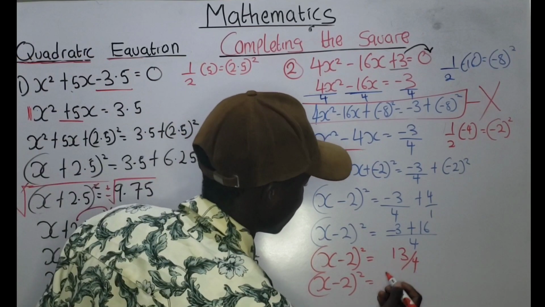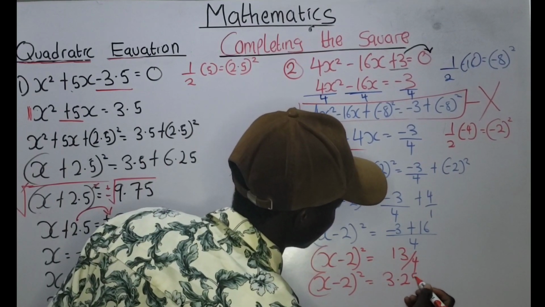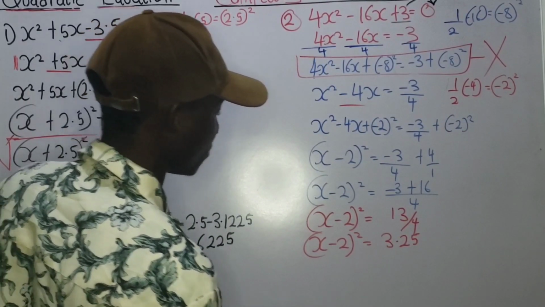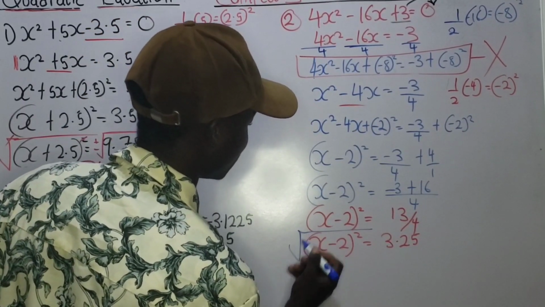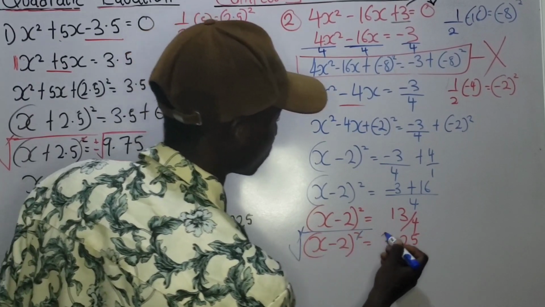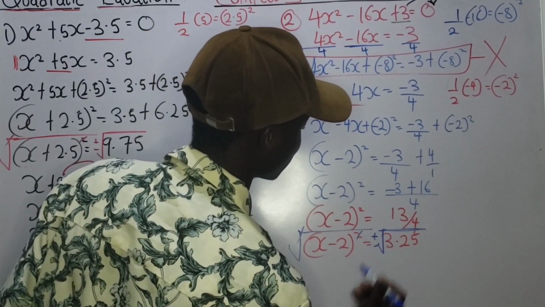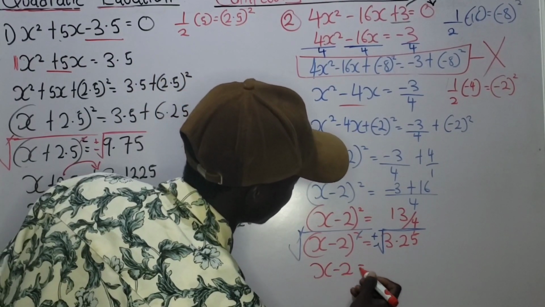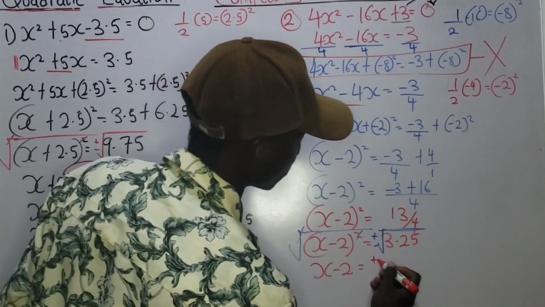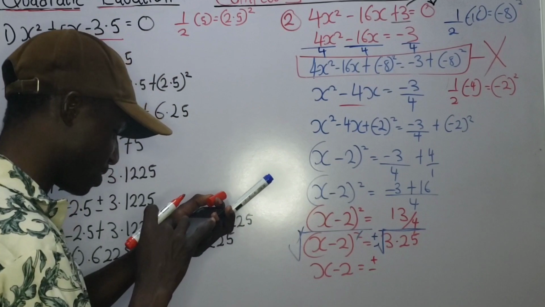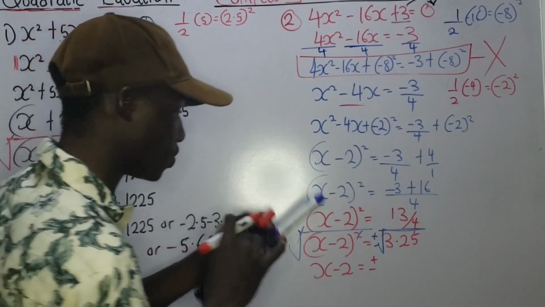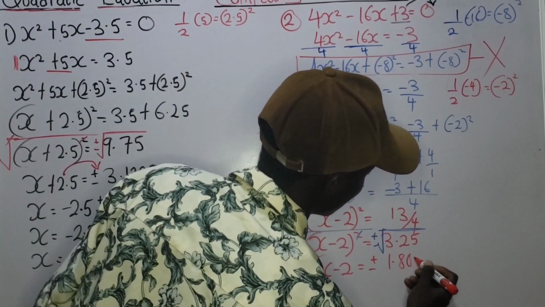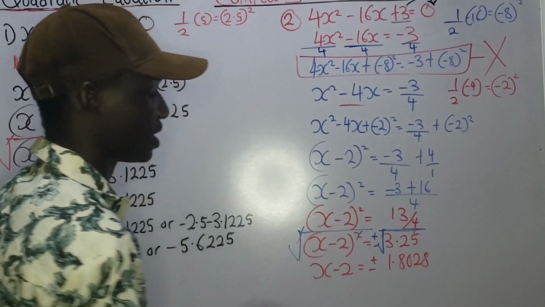So I'm going to have 3.25. Now, we can take the square root of both sides, okay? If you take the square root of both sides, this square will be cancelled by this square root. So here I'm going to have plus or minus. So I'm going to have x minus 2 is equals to plus or minus square root of 3.25 is 1.8028. Okay, do you understand?